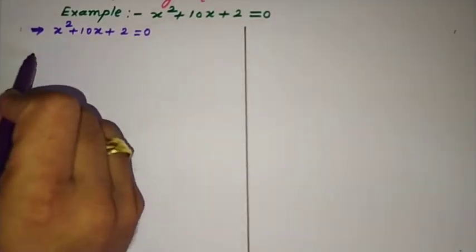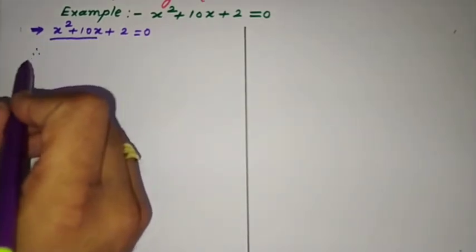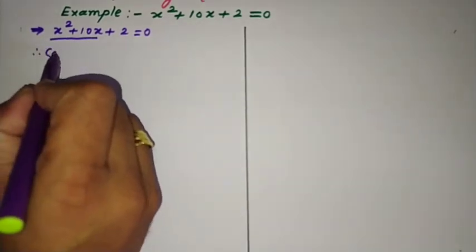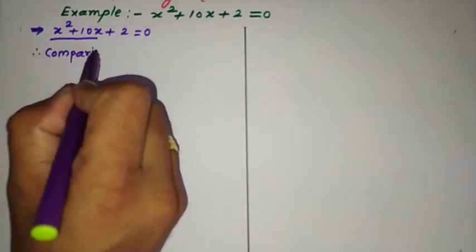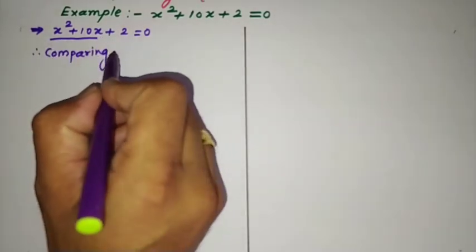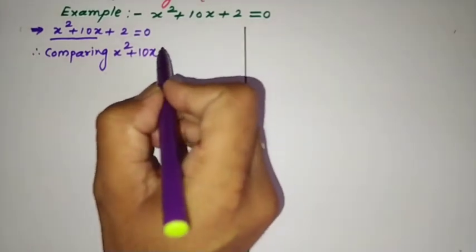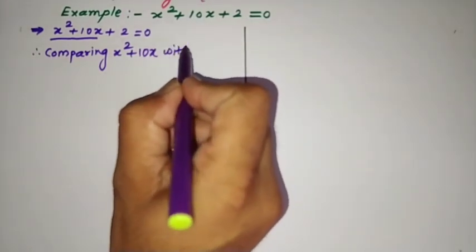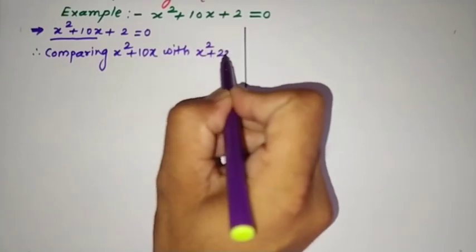Compare the first two terms of the left hand side, x square plus 10x, with x square plus 2xy.